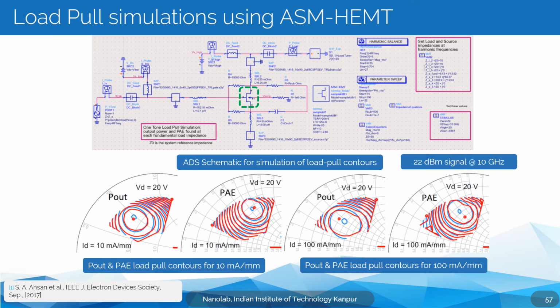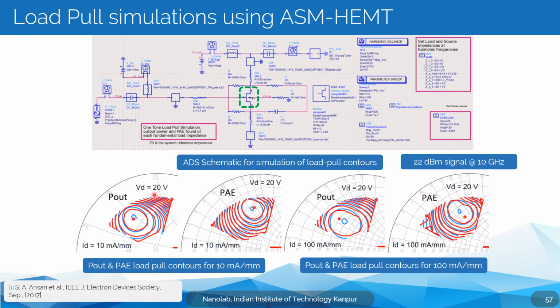Now this slide presents the validation for load pull simulations. We used ADS with the extracted model to perform a load pull simulation and then compared the results with the measured data. As you can see, it almost overlaps with the measurements for different bias conditions.